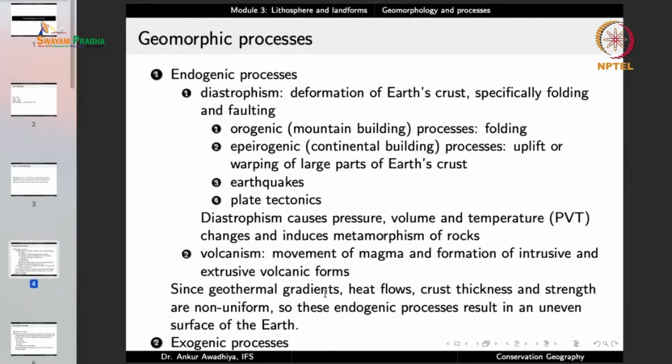So, since geothermal gradients, heat flows, crust thickness and strength are non-uniform, these endogenic processes result in an uneven surface of the Earth. It is not just that these forces act in localized manners, but at the same time, the thickness of the crust and the strength of the crust are also non-uniform.